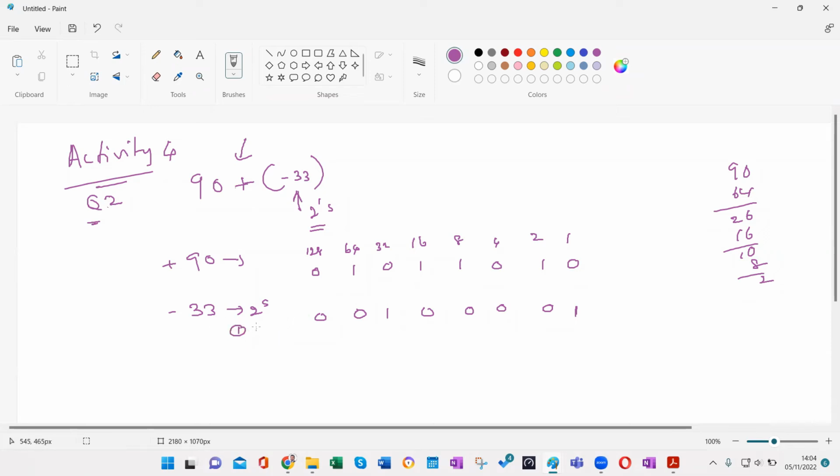The first step is 8-bit, that's this one. The second step is 1's complement, where you invert the bits. So 1 will be 0, 0 will be 1, 1, 1, 1, 0, 1. The third step is to add 1. Then only you get 2's complement.